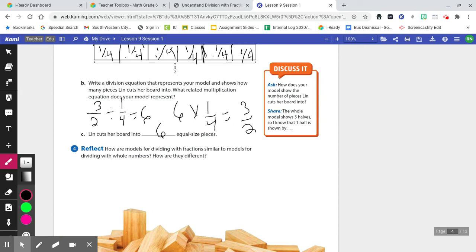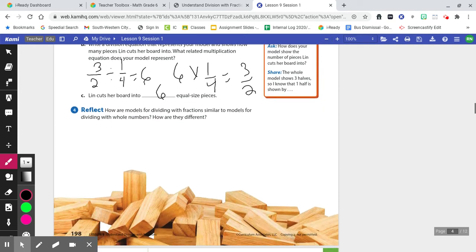You can count the equal parts to find the quotient. And a difference is that a model for dividing with fractions might start with a quantity that is a fraction, or the size of the equal parts might be a fraction. So you may have had different answers on that. We can check that when you get to class.